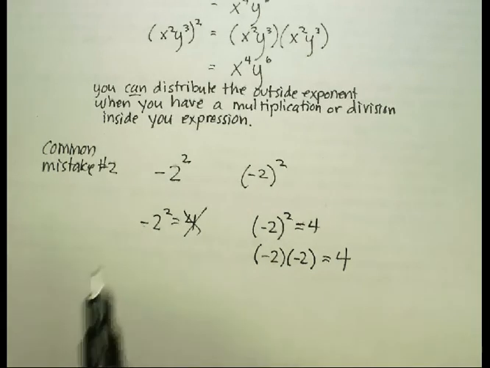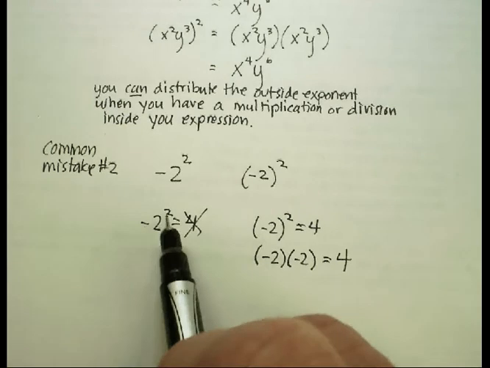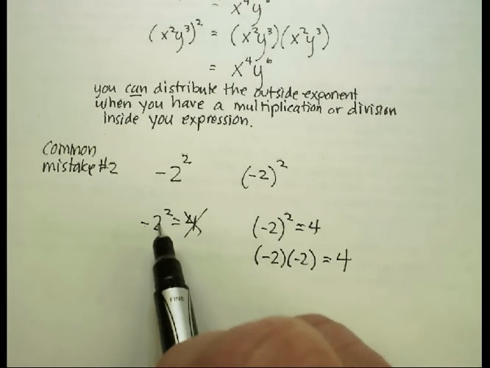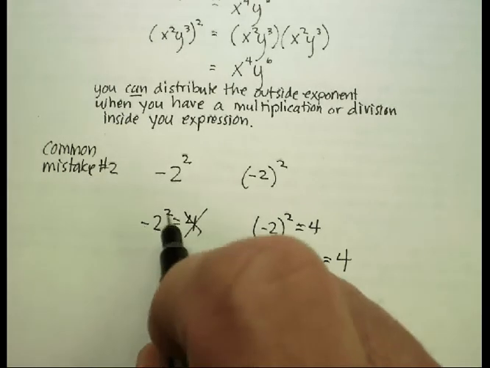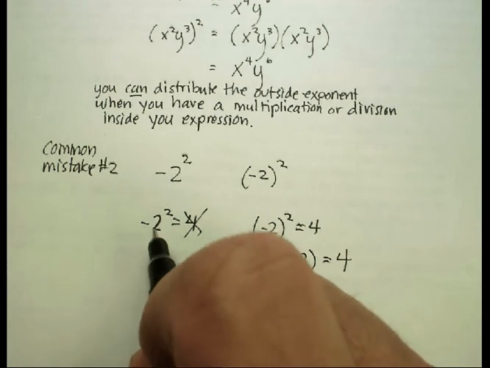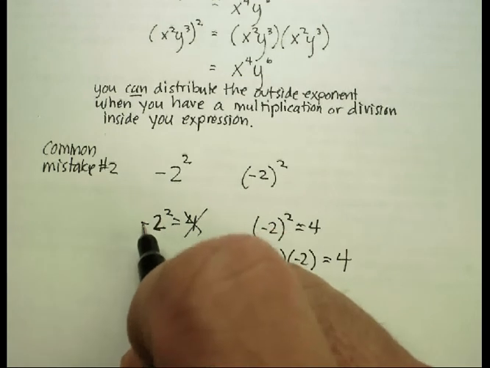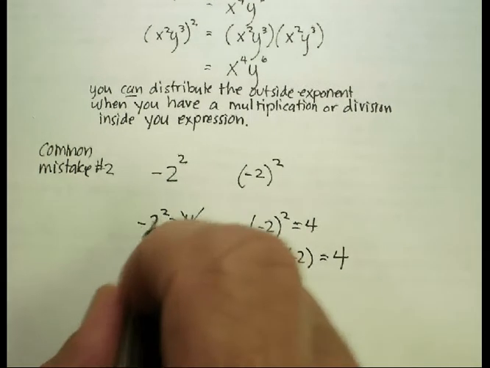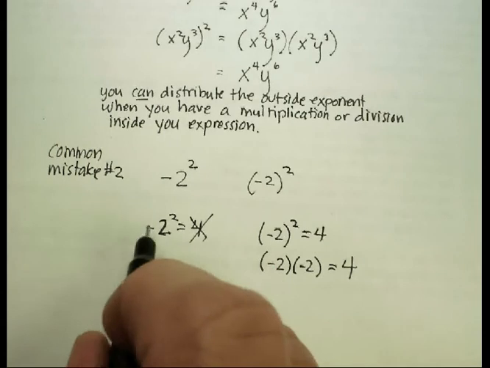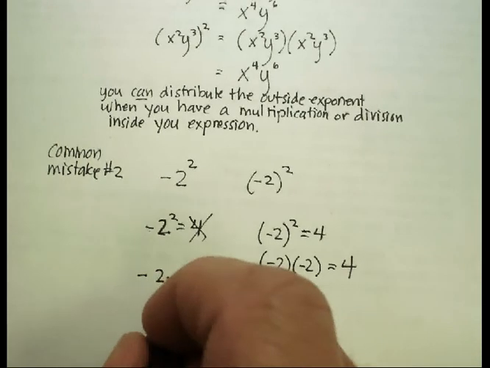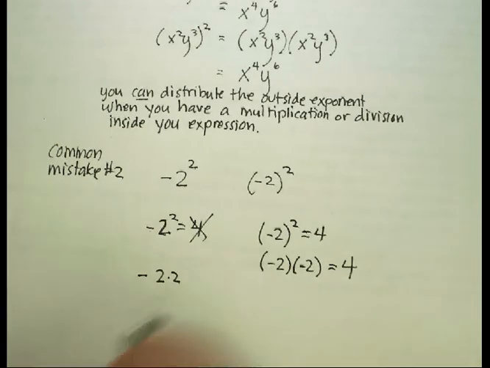Down here, what I tell my students is pay attention to what the exponent is actually in contact with. The 2 is in contact with just the 2, not the negative. So really what you're saying here is a negative that's still out there, and then 2 times 2, or a negative 4.